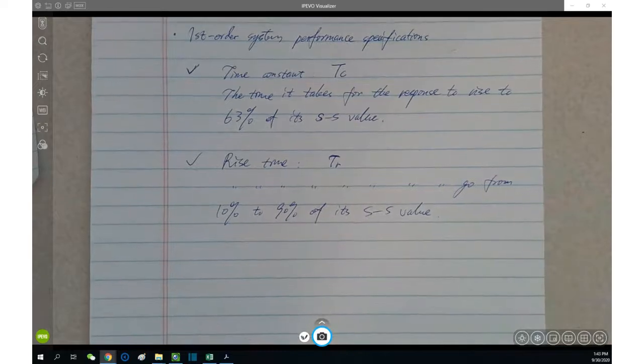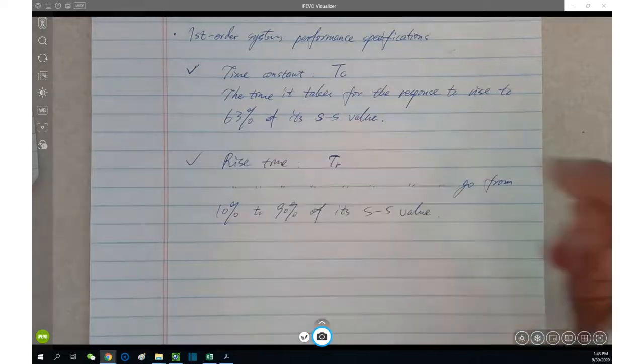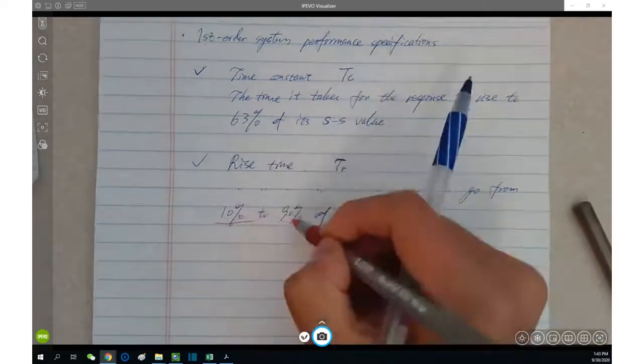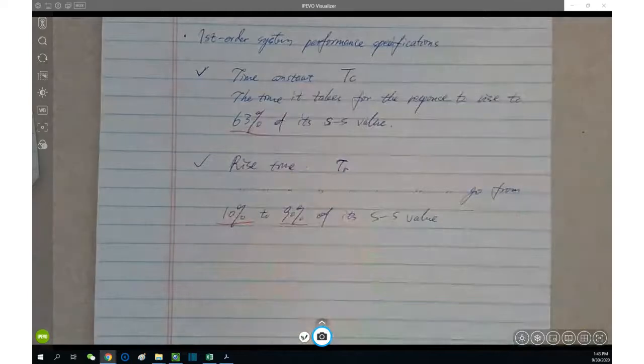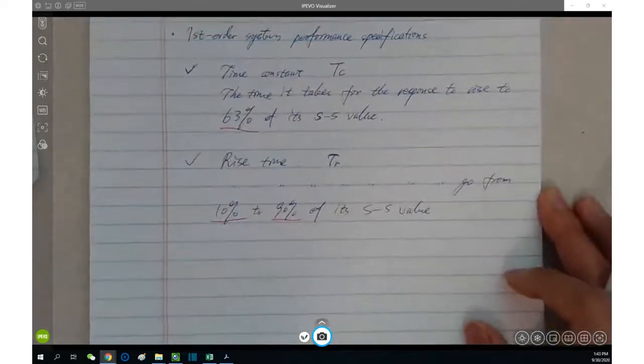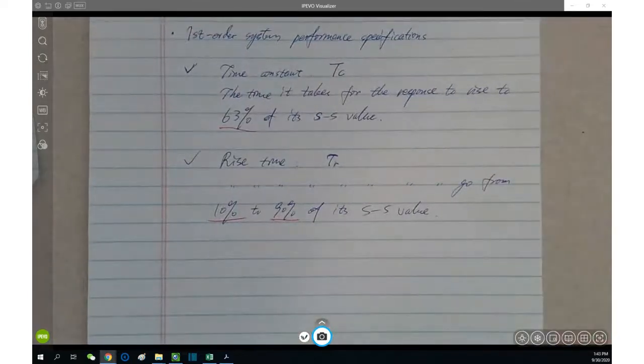So how much time it takes for the output to rise from 10% to 90% of the steady state value. Okay. So here, 63% and 10%, 90%, they're all percentages. Obviously, before knowing the specific value, you need to know the steady state value, and then you know the percentage, right?